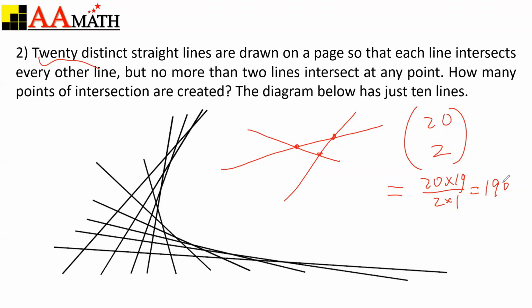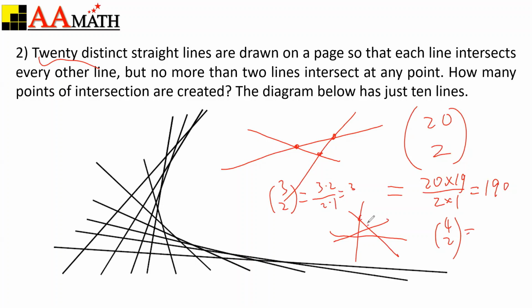You can just verify. For example, if we have 3 lines here, that's going to be 3 choose 2, which is 3 times 2 divided by 2 times 1, which goes to 3, right? If you think about 4 lines, then that's going to be 4 choose 2. Every 2 intersect, right?